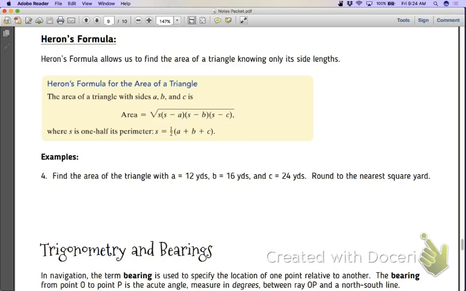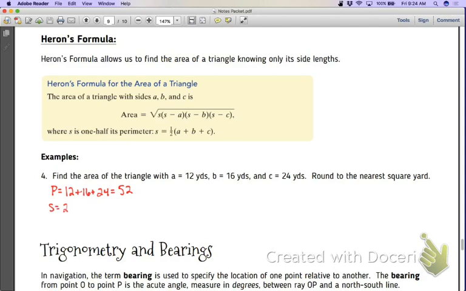So if we find the perimeter, like on the example here of number 4, if we find the perimeter first, we're going to have 12 plus 16 plus 24. So I get a perimeter of 52. That means the S value is half of that.